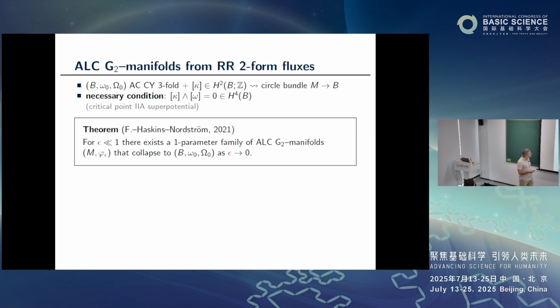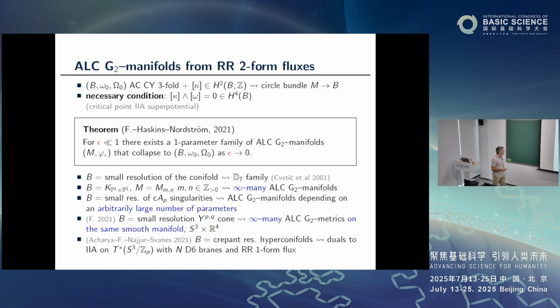The proof involves some analysis, but let me instead explain what sort of things you can get out of this general existence result.